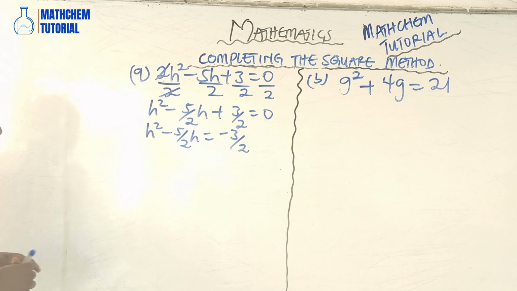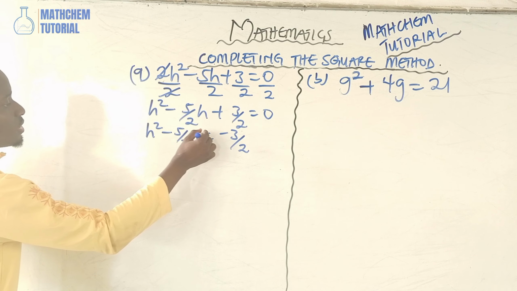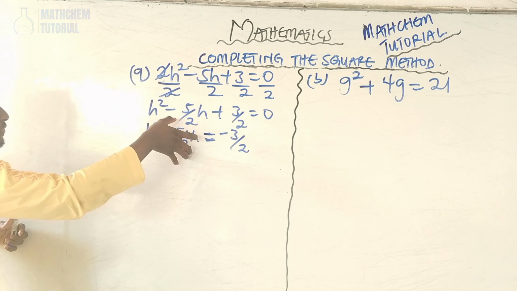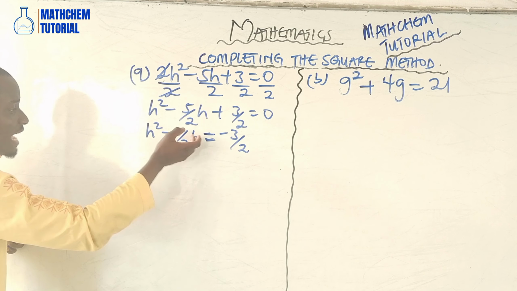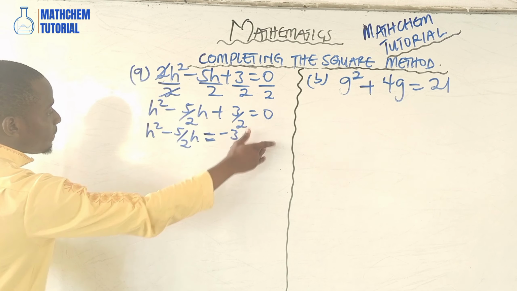Half of it, we are going to square half of it, and add it to both sides. This side of the equals sign, and this side of the equals sign. So you will add half of this coefficient of h, squared, to this part, and also add it to this other part as well.